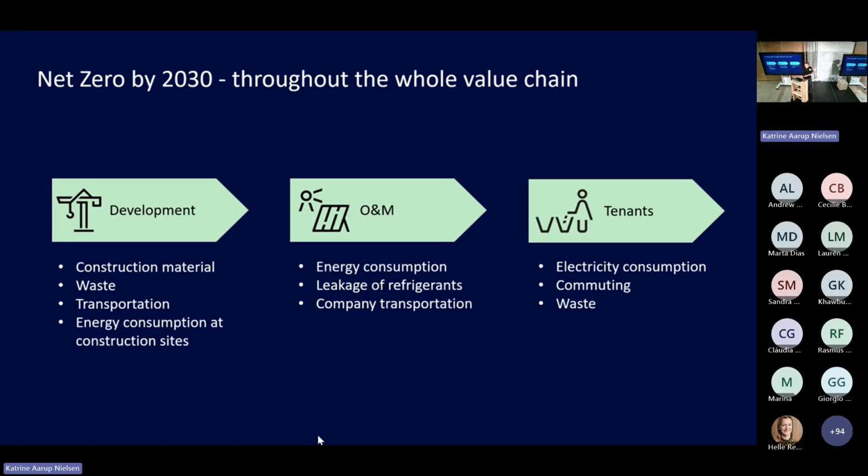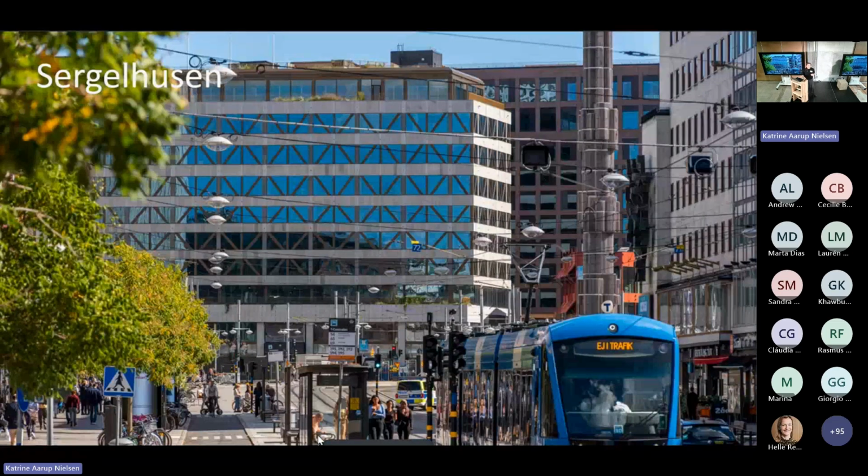The middle part, operation and maintenance, we have already reduced by more than 90%. And we started to think about this when doing large development projects. A little more than 10 years ago, we were notified by our, at that time, largest tenant, SEB, a large Swedish bank, that were leasing one large block in the very city center of Stockholm.